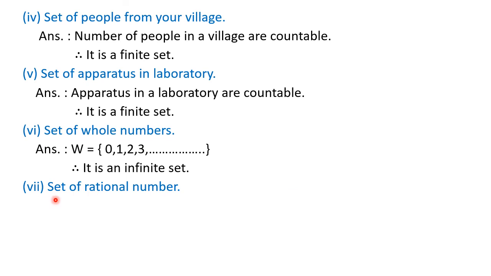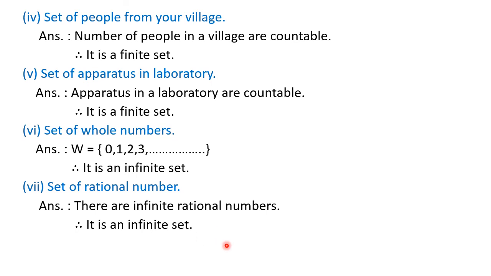Next, seventh one, set of rational numbers. We have seen, remember, that natural numbers, whole numbers, rational numbers, they all are what? Infinite sets. So again we can say that there are infinite rational numbers and therefore it is an infinite set.